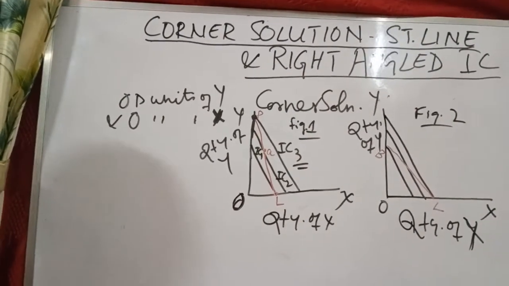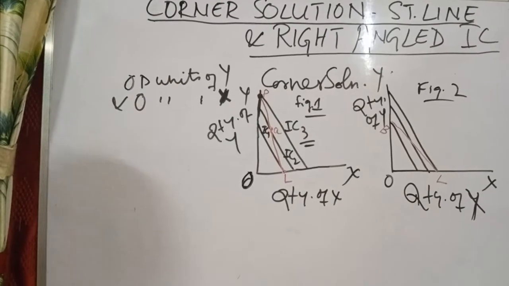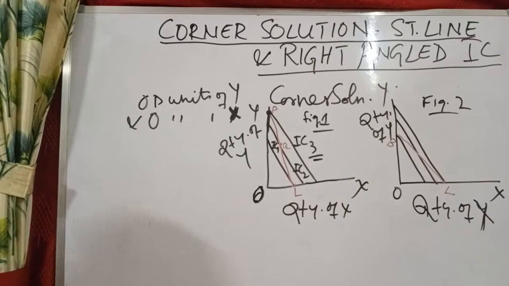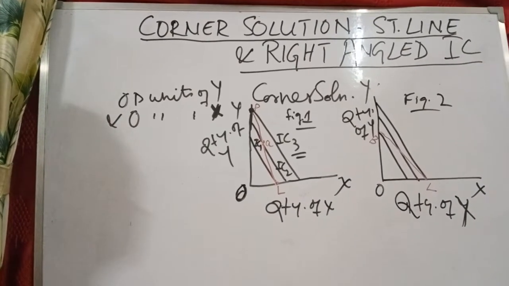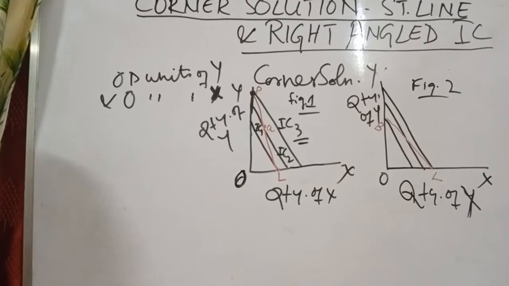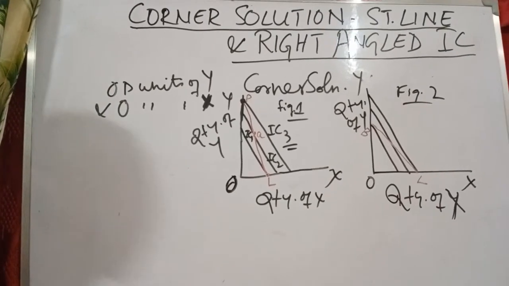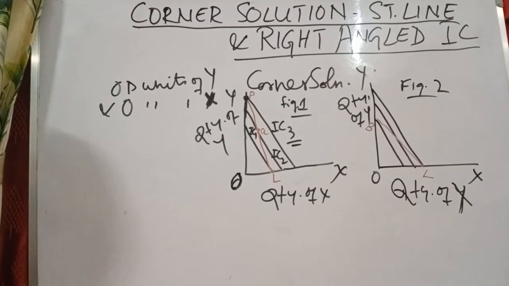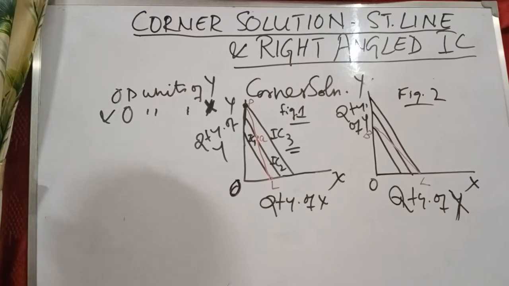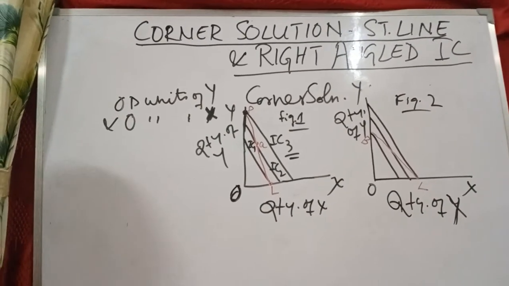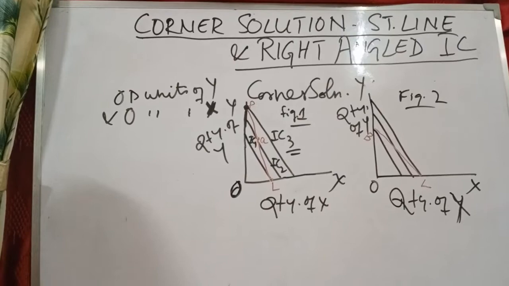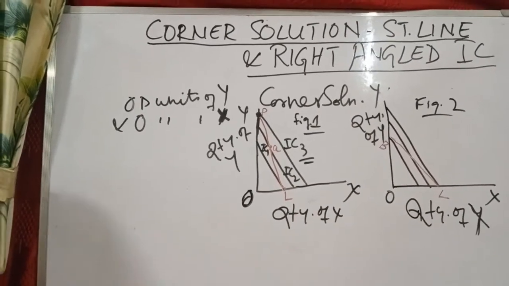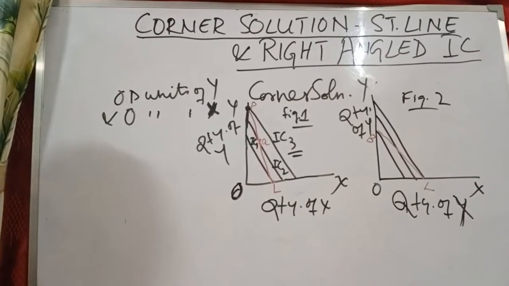Now, when a consumer spends his money income only on one commodity instead of two commodities, firstly, maybe the consumer is unable to purchase that commodity because that commodity is too expensive for him. Secondly, the consumer is not willing to purchase that commodity, whatever be the reason. Maybe he has some very bad past experience from consuming that commodity, so he is not willing to purchase it.